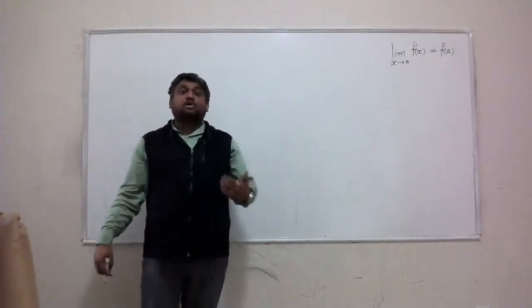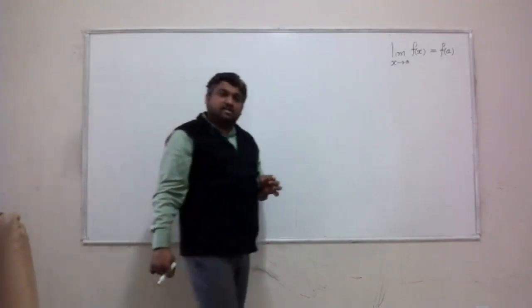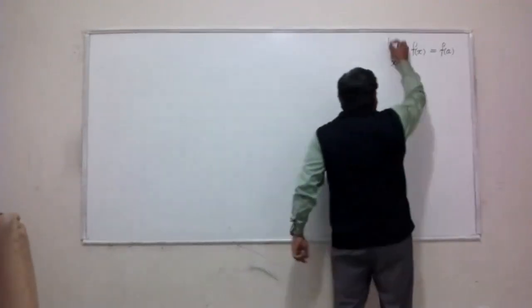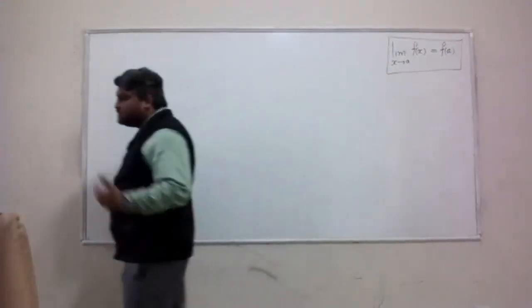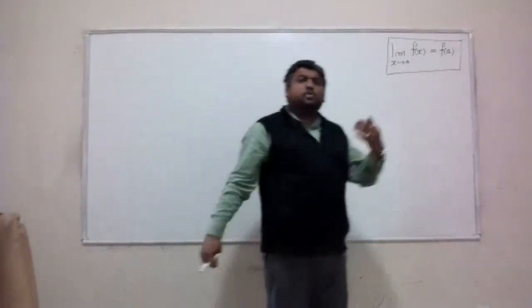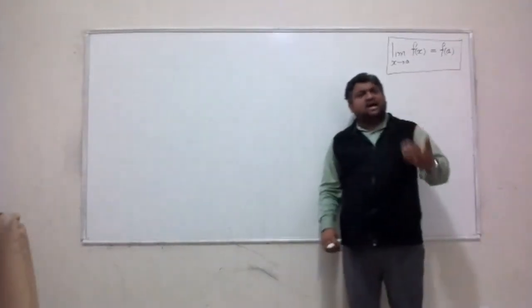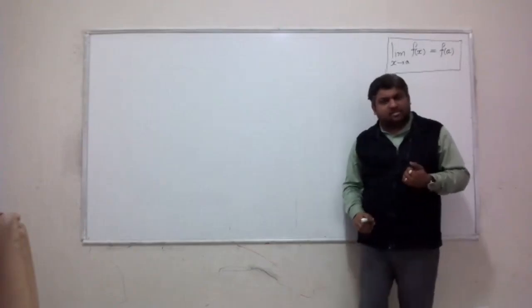Such function is also called connected function. Connected means the graph is connected. All right. Okay, so this is really the statement that tells you what do we mean by continuity. I would like to explain you this idea in terms of one graphical example.